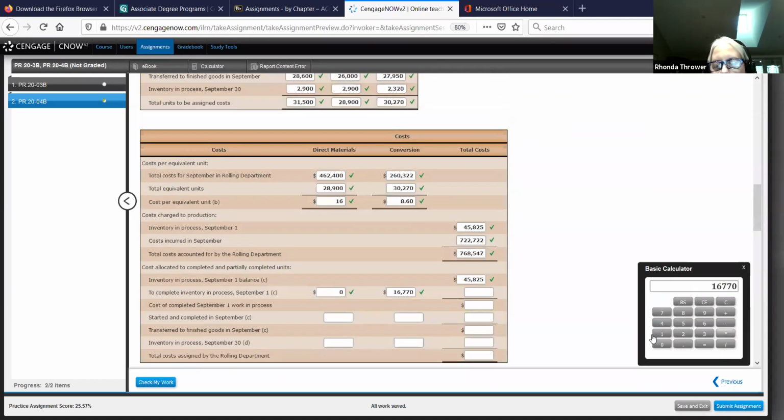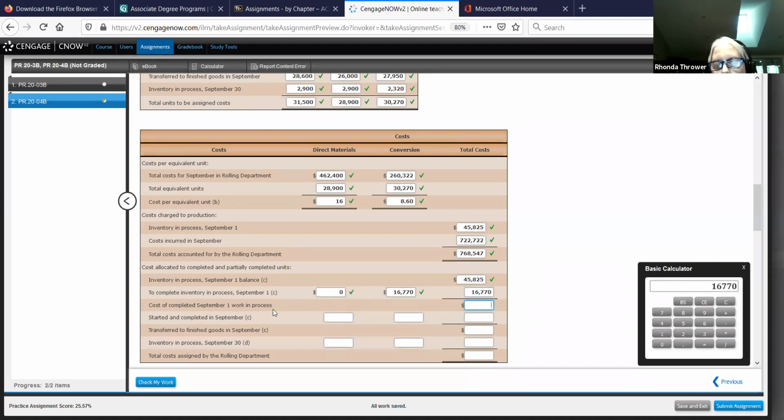And we're okay. So the next thing would be to find the total of the materials and the conversion that would be added to our beginning inventory cost. What we finished this month was $16,770 with respect to our conversion. So all of our beginning inventory units are finished.